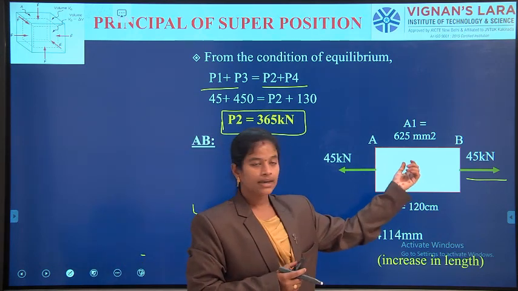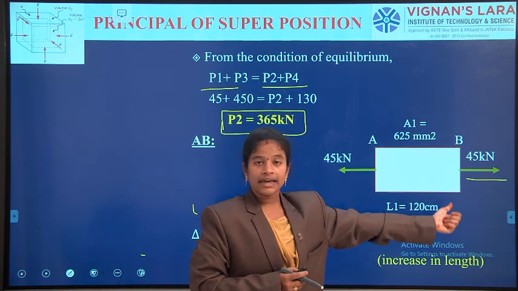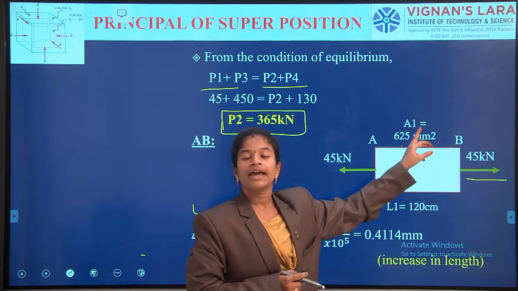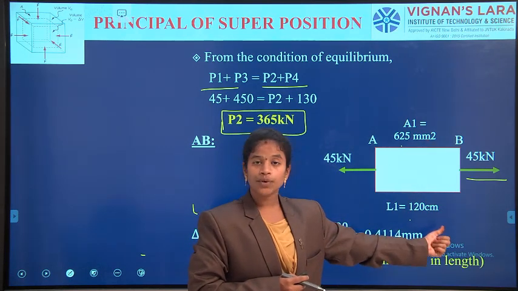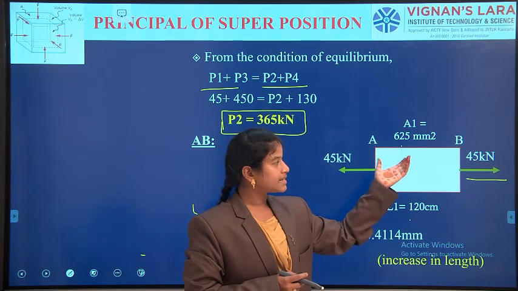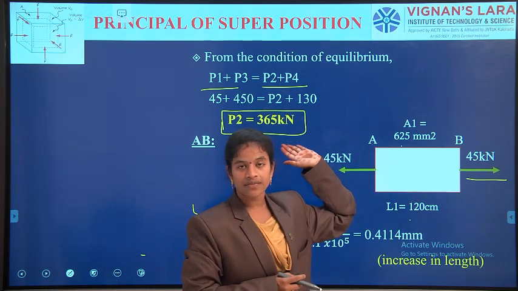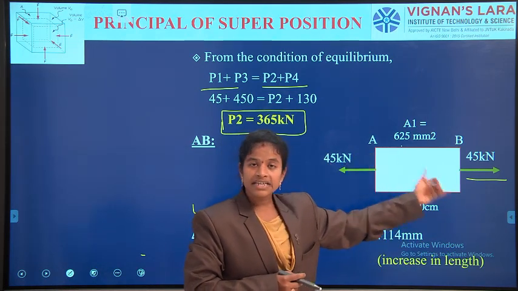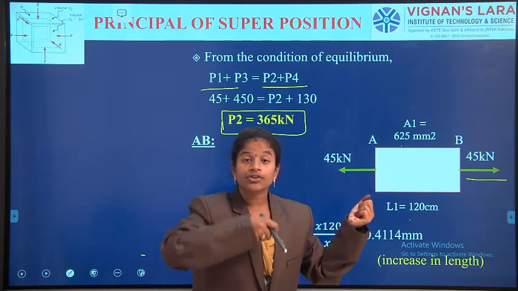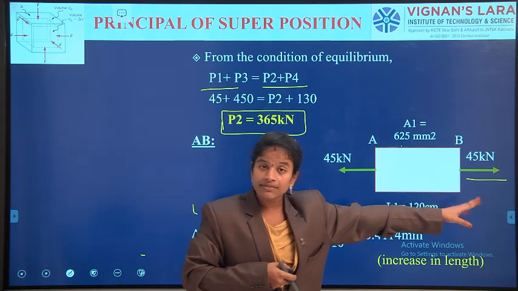See here, I am having an area of 625 mm square and length of the body 120 centimeter, nothing but 1200 mm, and it is having a certain Young's modulus which is given in the problem, and it is being subjected to a tensile load of 45 kilonewton. Why have I given 45 in that way?